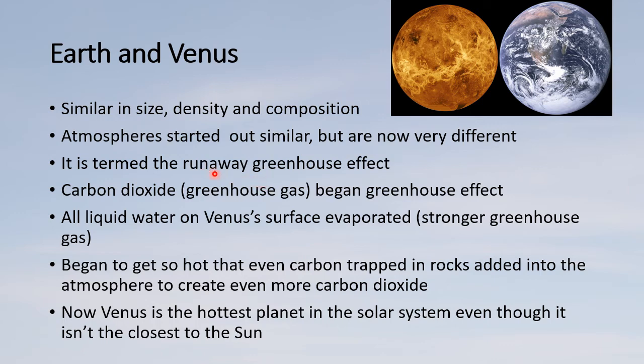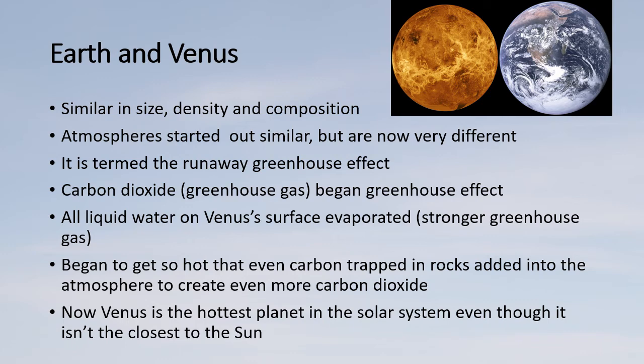The greenhouse effect happened on Venus as well. However, carbon dioxide, a greenhouse gas, began the greenhouse effect. All the liquid water on Venus's surface evaporated, which is an even stronger greenhouse gas. And this began to get so hot that even the carbon trapped in rocks was added into the atmosphere, which is going to make even more carbon dioxide.